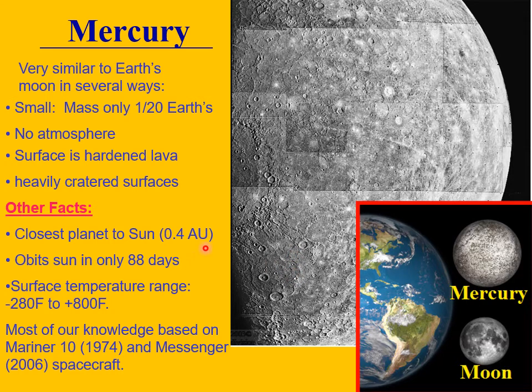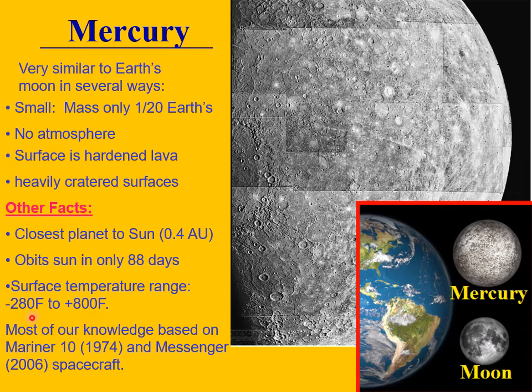Being the closest planet to the sun, Mercury has an extremely hot temperature. The side of Mercury that faces the sun is about 800 degrees Fahrenheit. Now, the backside of Mercury, which faces away from the sun, drops down to 280 degrees below zero.